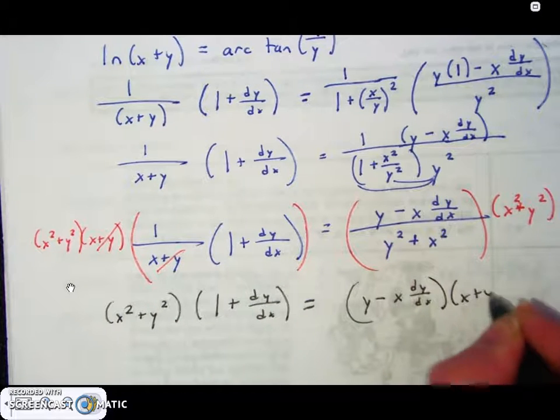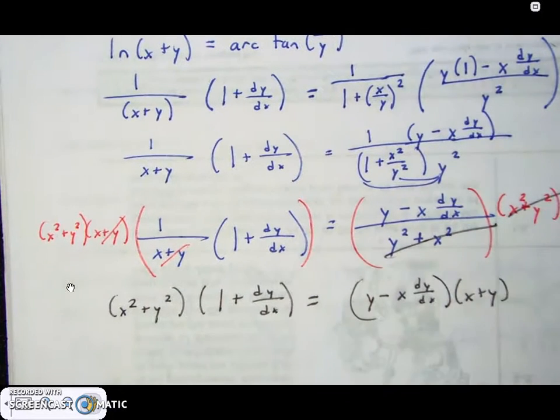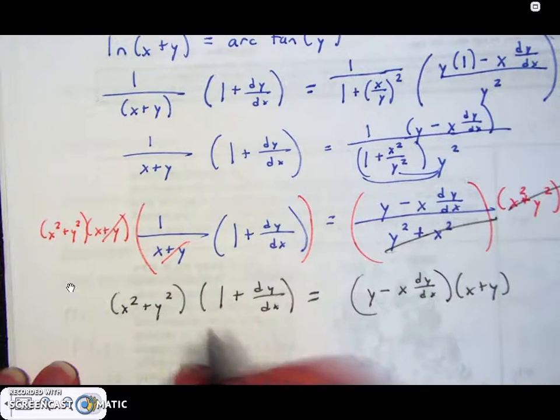Yes, and that's because these guys canceled. So now suggestions on what to do. FOIL. Yeah, we're just going to FOIL everything out, get everything with dy dx on one side, everything it doesn't on the other, and we're done. Once you get rid of the fractions, this is a lot less of a mess.